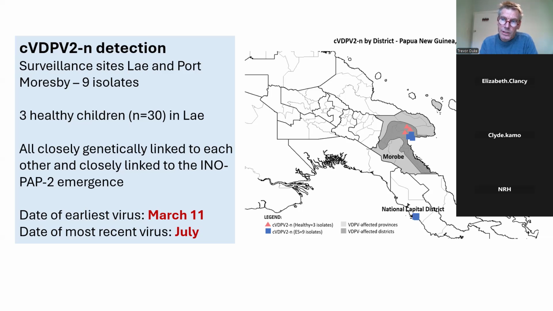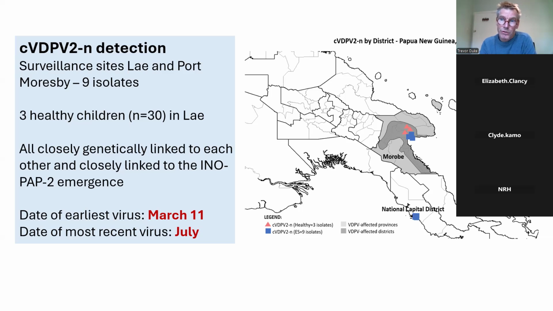There was some surveillance of healthy children done in Lae, and that found 3 healthy children that had the enterovirus poliovirus, but they weren't sick and are very unlikely to become sick.